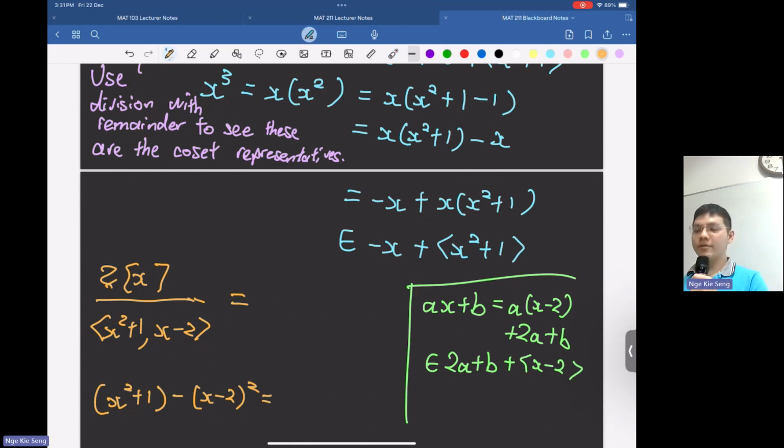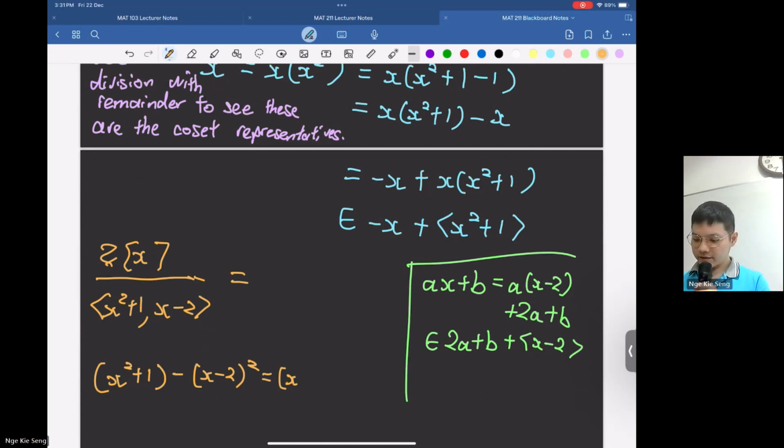What's the difference here? x squared plus 1 minus (x minus 2) squared. Expanding, that is x squared minus 4x plus 4. Correct.